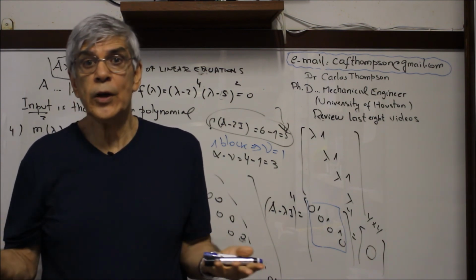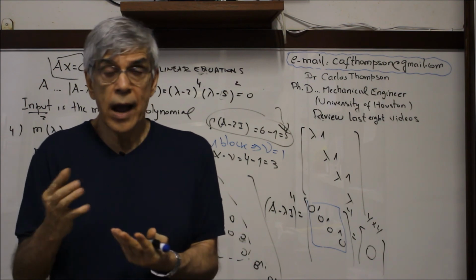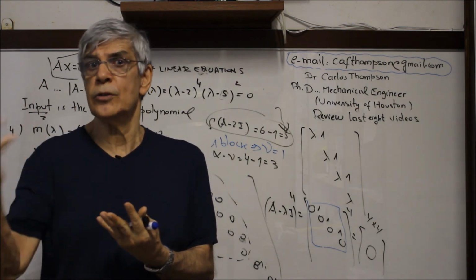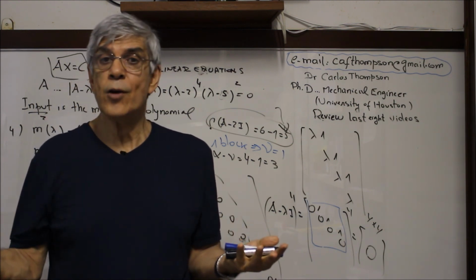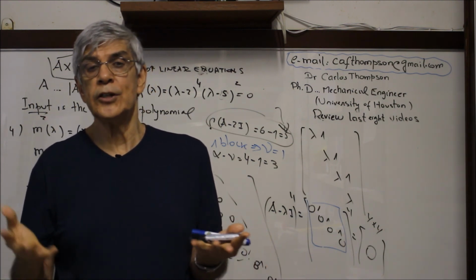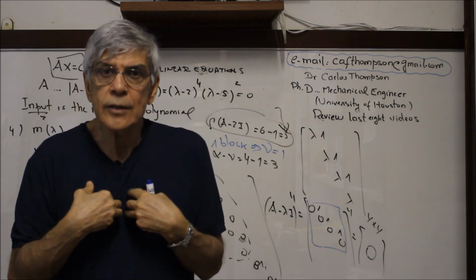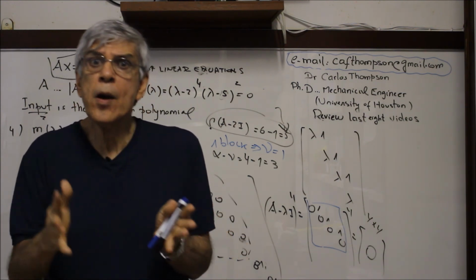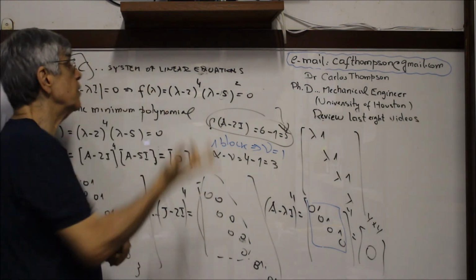So then I solve the equation A minus lambda I x is equal 0. I know how many solutions I will have in this equation. And also I know how many generalized eigenvectors. That's what I said. I don't need to know the minimum polynomial to solve this equation.